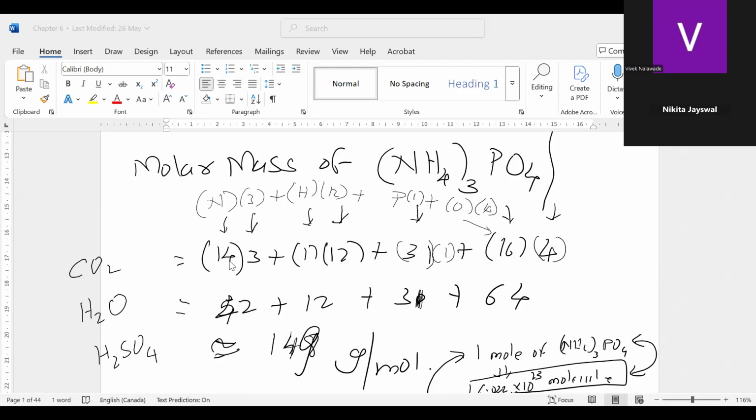Should I do the other two right now? Yes, please, because I want to know you're getting it correct. If you know how to calculate molar mass, the further part is extremely easy because it is just two formulas and solving them. This unit is extremely easy.